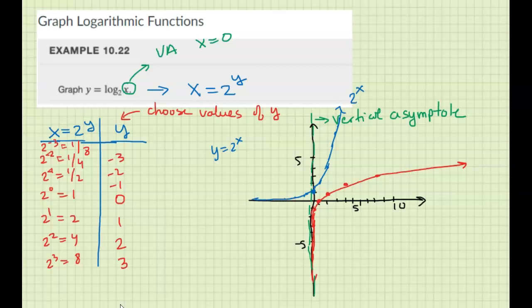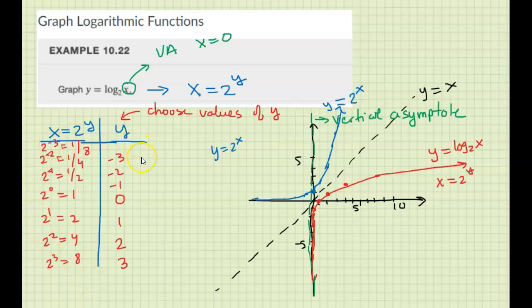This would be y equals 2 to the x, and this is x equals 2 to the y, or in other words, y equals log base 2 of x. So you can see that these are mirror images of each other. They're inverses of each other across that line y equals x.